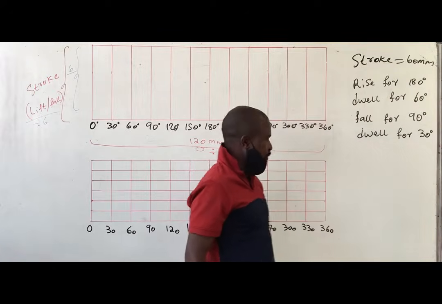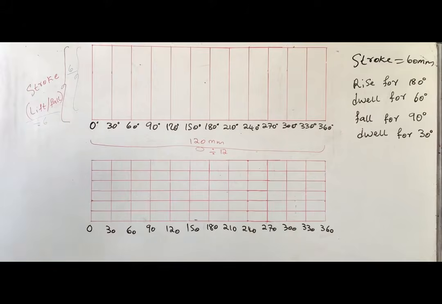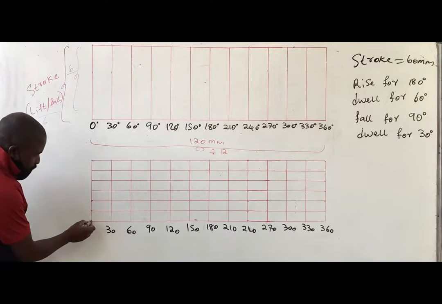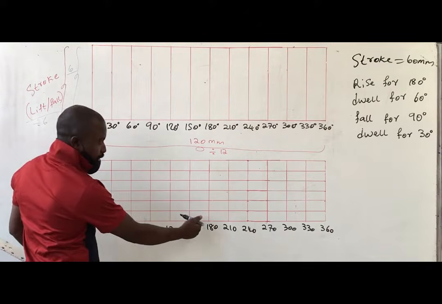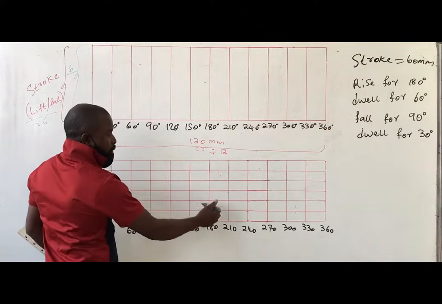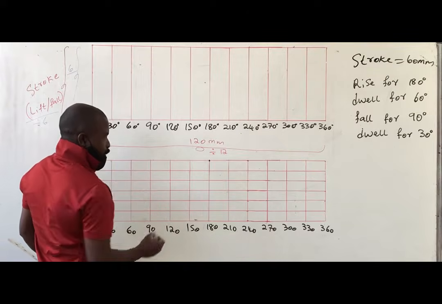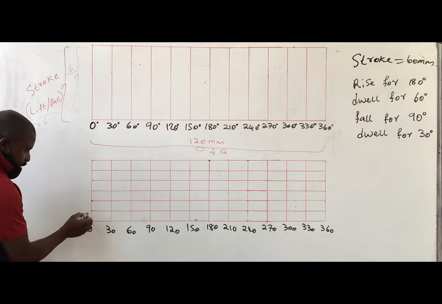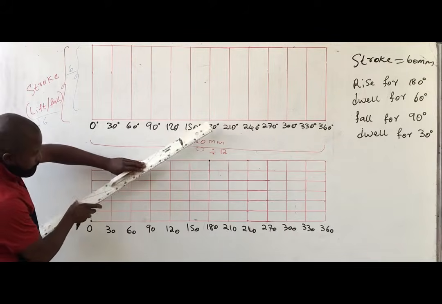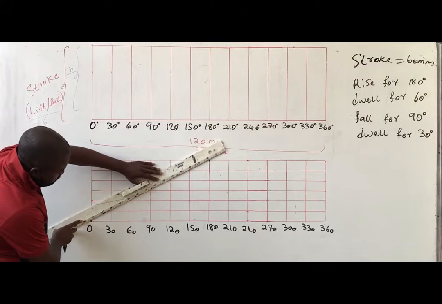It rises for 180, meaning from 0, you need to count 180 degrees. When you get to 180, at the max, you put your roller, and at the minimum, you also put the roller. You draw a straight line.